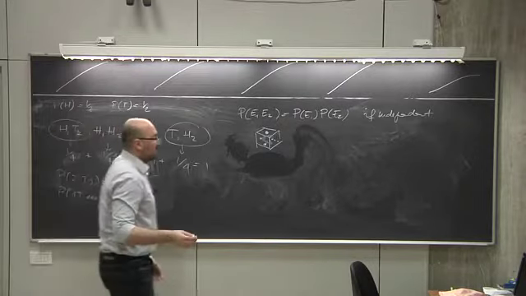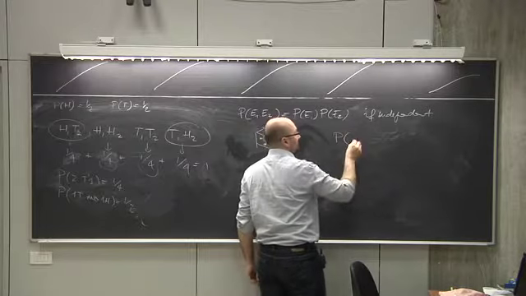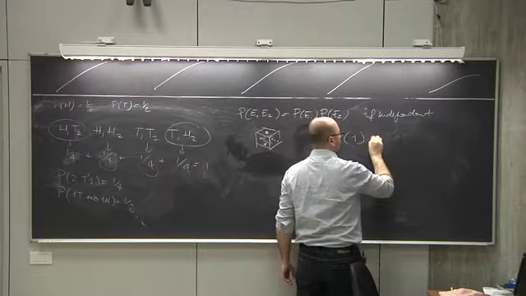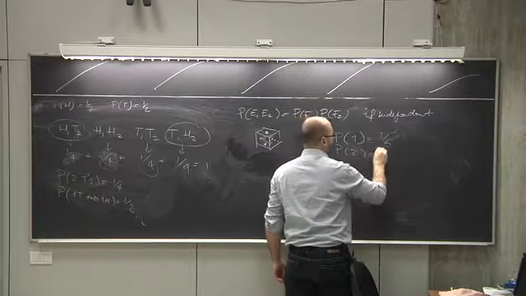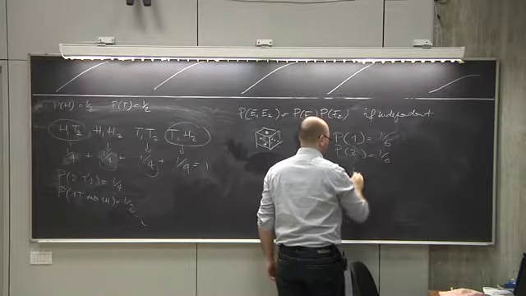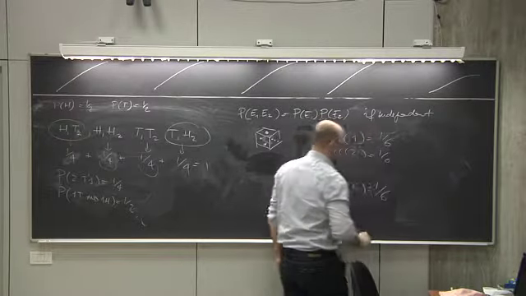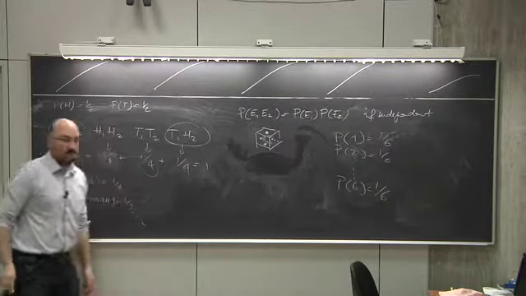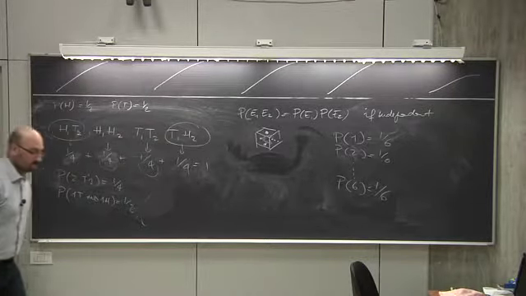Therefore the probability of getting 1 is 1/6. The probability of getting 2 is 1/6.